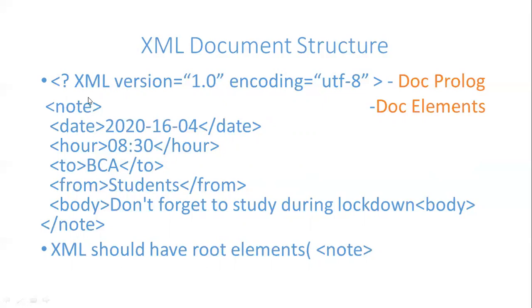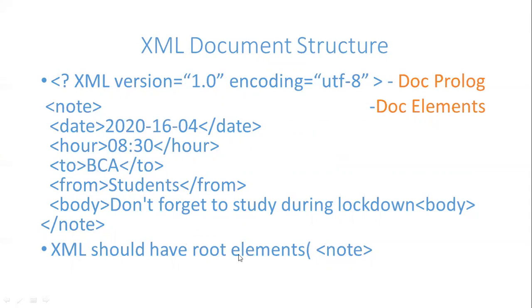Any XML document can be prepared with the help of elements. Here we have note as the root element. It can be any user-defined name, so here we have given note. Then there are sub elements: date, hour, to, from, body, and the contents, the text or numerical contents of the elements.